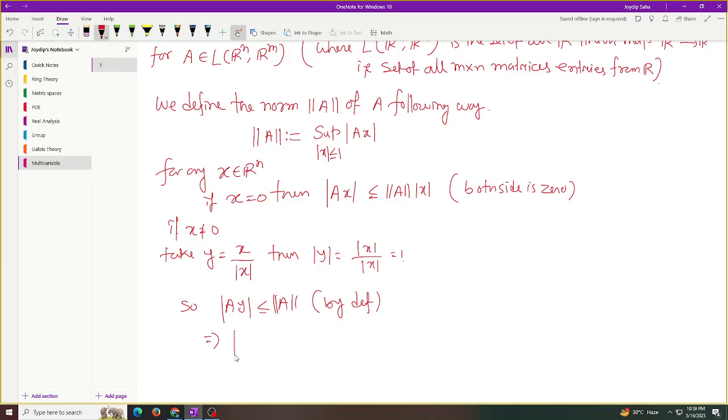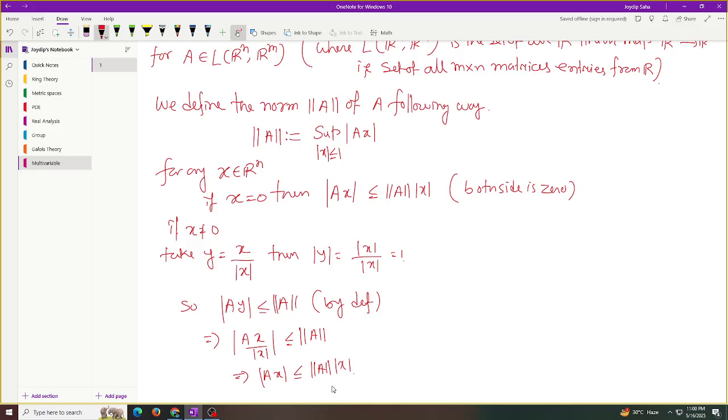This implies mod Ax is at most norm A times mod x. Okay, so this is a property.